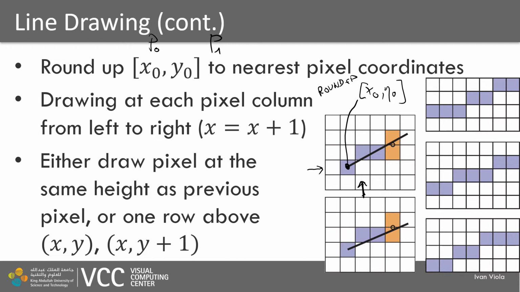But the question is whether it is on the same level as the previous pixel or on the next level, one above. This is the question which we need to answer so that we can proceed with our rasterization, making a rasterized line of this continuous vector-defined line.